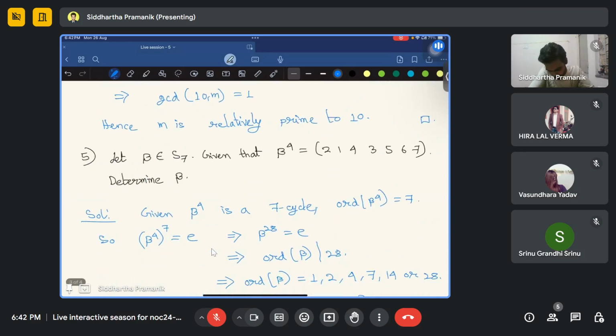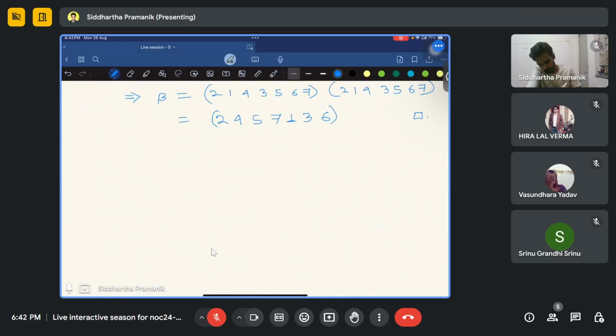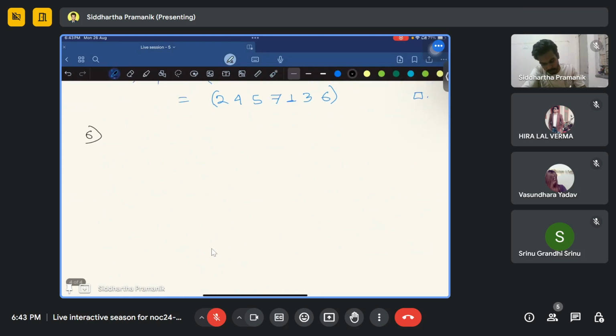So let's see problem number 6. Now let's try to find how many elements of a fixed order there are in the group of permutations. So let me start with a simple problem.